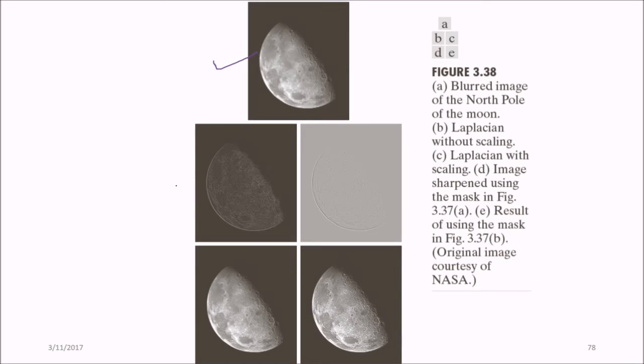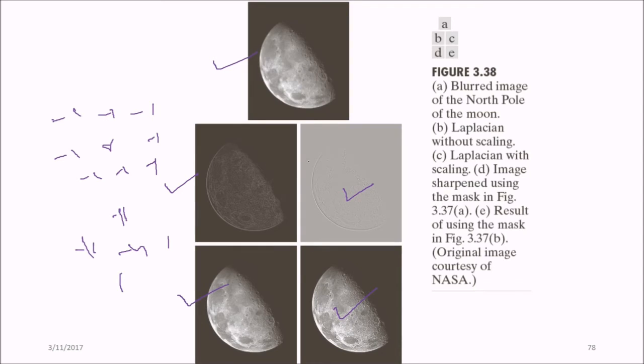Now this one is the Laplacian without scaling. This one is the Laplacian with scaling. This one is the image sharpened using the previous mask, and this is with the other mask. So two masks we have used. There was one mask with 1 and -4, and the other one was -1, -1, -1 and 8 in the center, like this.